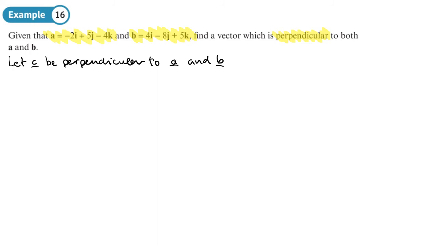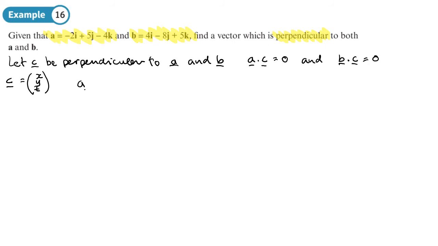Now if it's going to be perpendicular to both of these, that means that the dot product of A and C is 0 and the dot product of B and C is going to be 0. So this vector C, let's just call it x, y and z. I need to work out what these are.